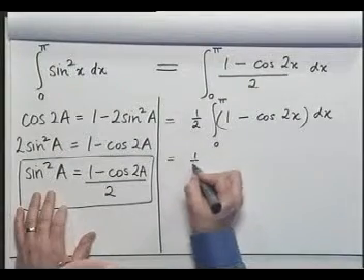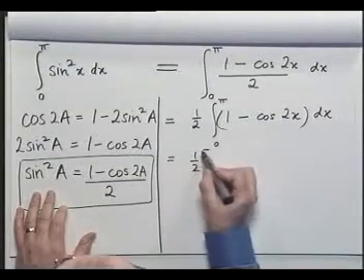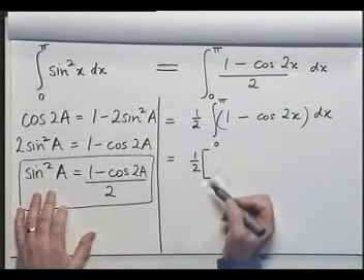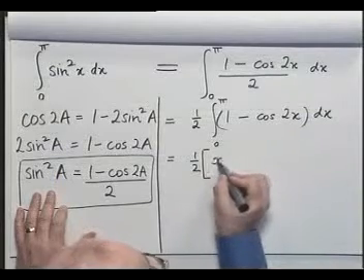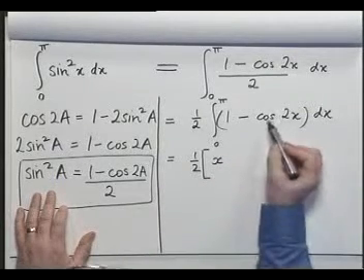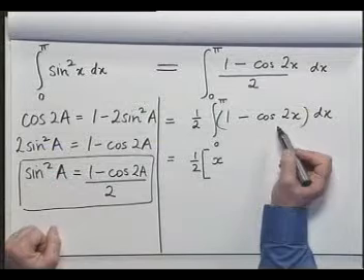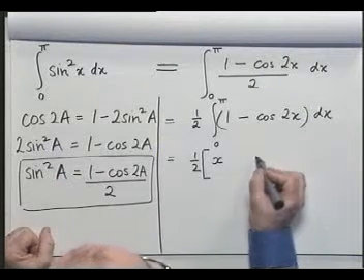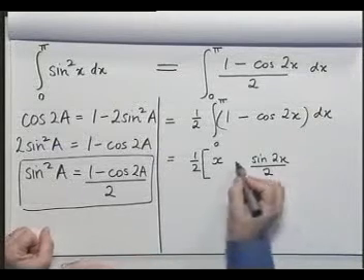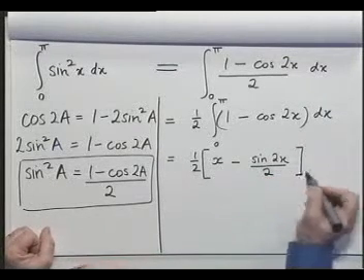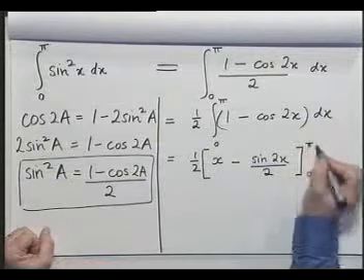This is straightforward to finish off. It's a definite integral, so I have square brackets. The integral of 1 with respect to x is simply x. And the integral of cosine 2x, we know from our preliminary work, is just going to be sine 2x divided by 2, with a minus sign there, and the limits are 0 and pi.